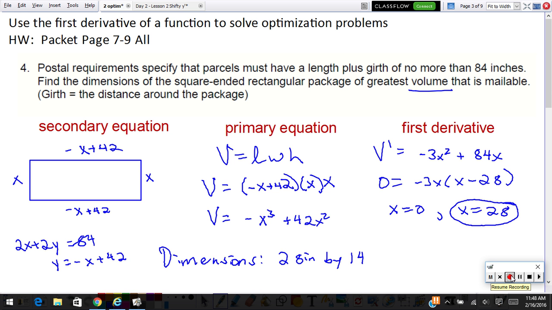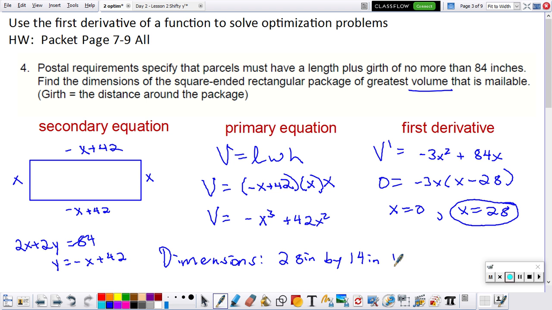Because if that square was the 28, it would be 112 because 4 times 28 is 112. So obviously that's not correct. So it's going to be 28 by 14 and then the square has to be the 14.